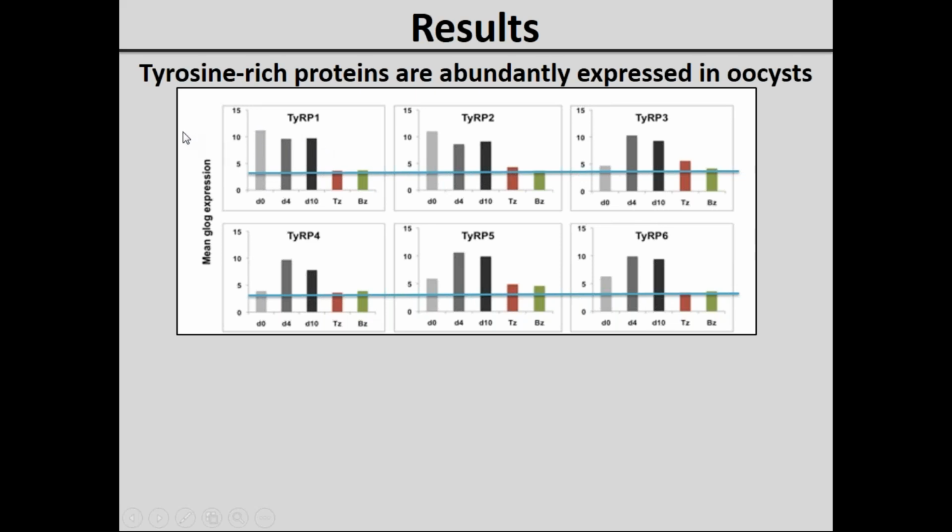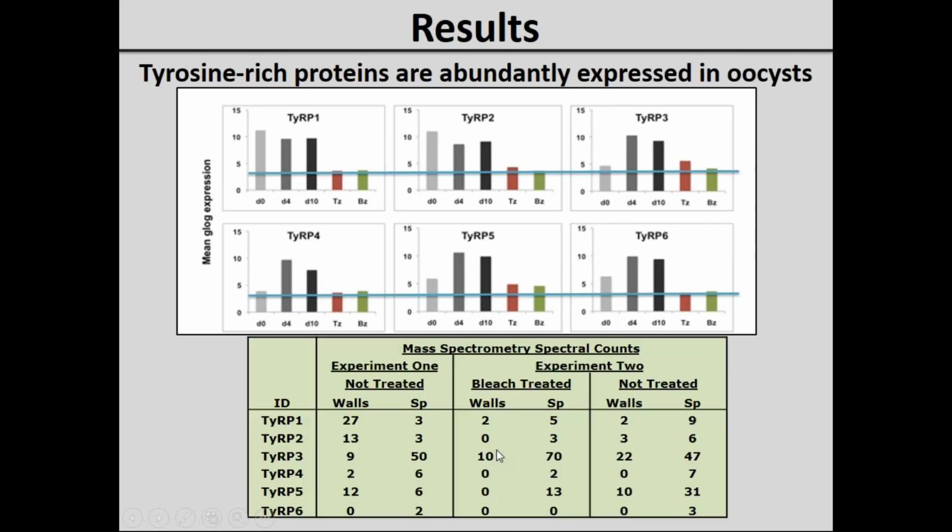So I wanted to look at those that were expressed early on, meaning that they are likely going into the oocyst wall, and then later on that they may be going into the sporocyst wall. I won't go too much into this detail, but I selected a few to look at, and looked at whether or not I thought they should be in the wall fraction or the sporocyst fraction, and this was supported by proteomic evidence, protein detection by mass spectrometry.